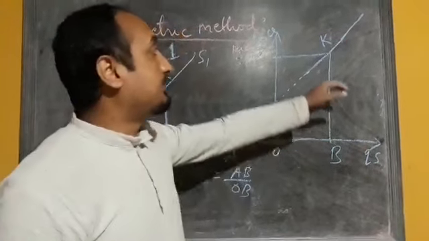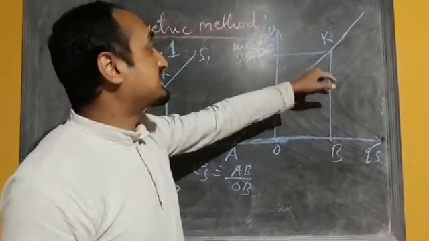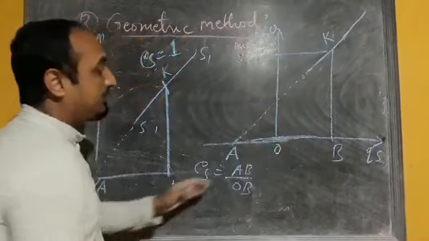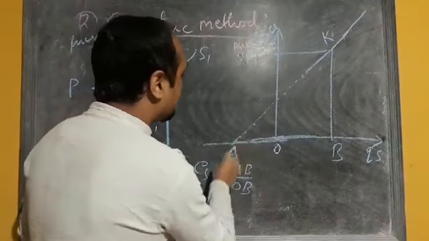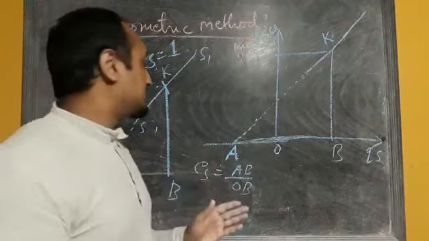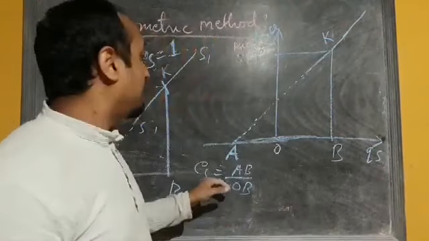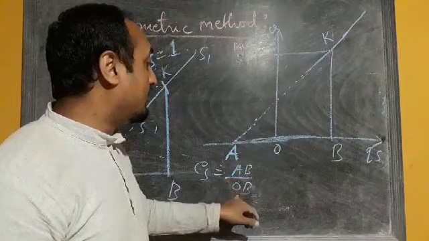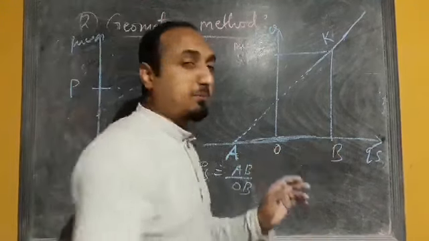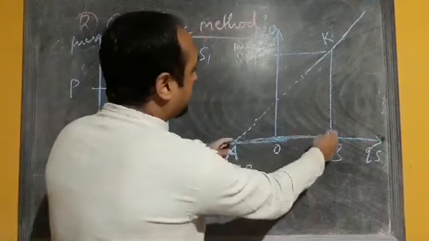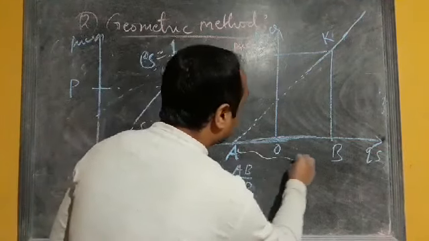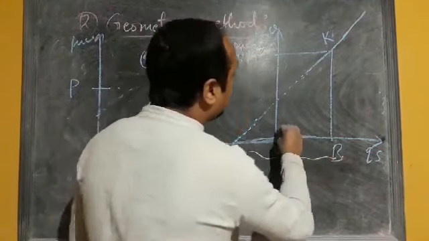I have taken another supply curve. If we extend the supply curve, we can see that the supply curve is passing away from the origin. So let's consider this point A. The formula is the same. Elasticity of supply can be calculated using the ratio AB by OB. AB is the horizontal line segment and OB is the quantity supplied. Here the length of this horizontal line segment is greater than OB.